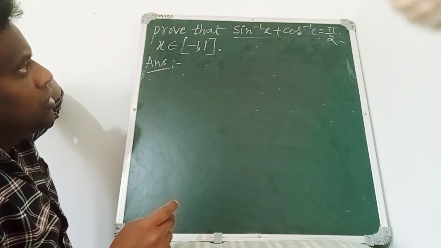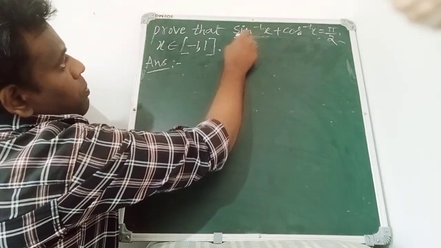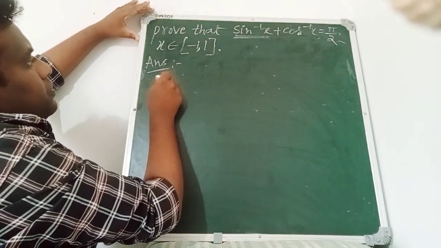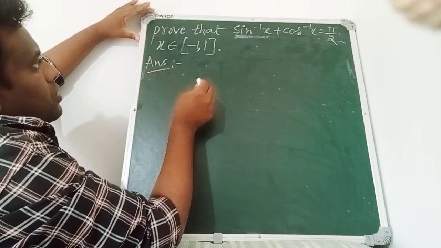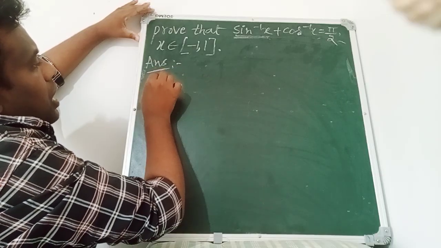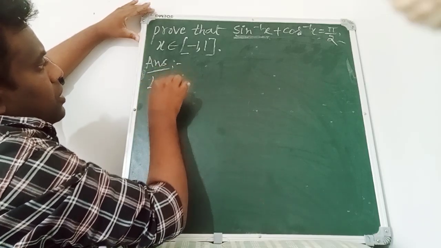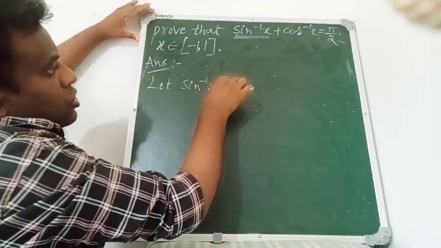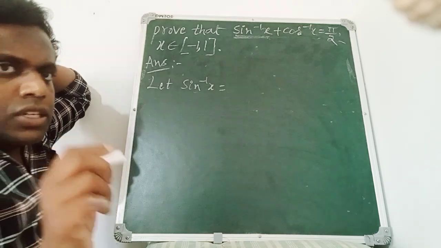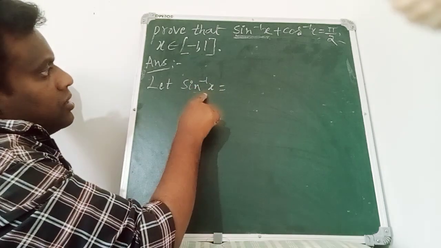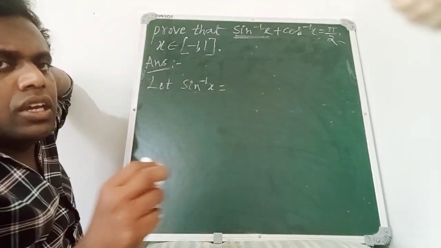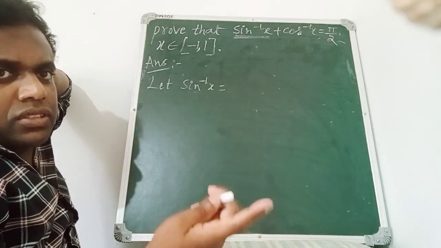For that, first I will take this sine inverse of x. Let sine inverse of x be equal to, so remember this is inverse, right? Here minus 1 is there, so this indicates inverse, sine inverse.